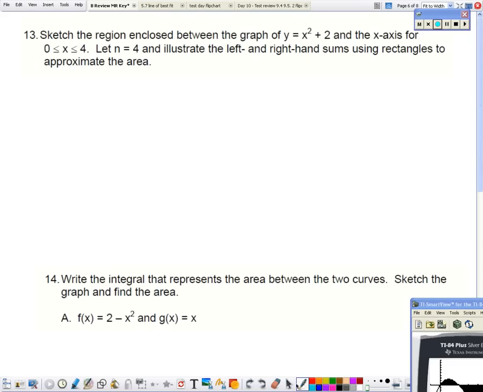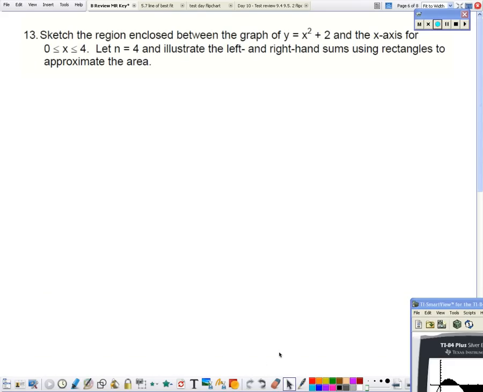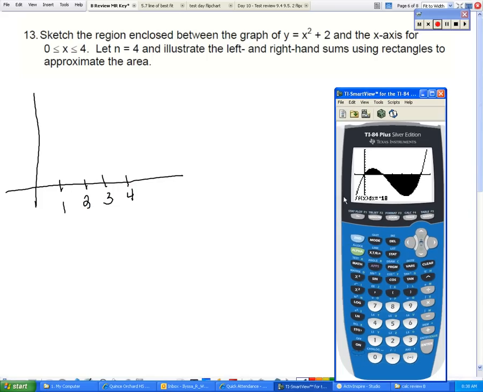Okay, for number 13, I'm going to draw my graph twice, so I can draw two different pictures, the left and right hand sum. I'm going to use the calculator and the table to help me get my y values.